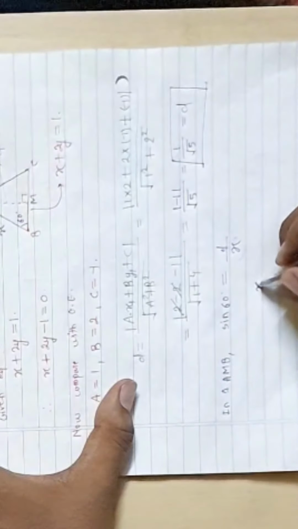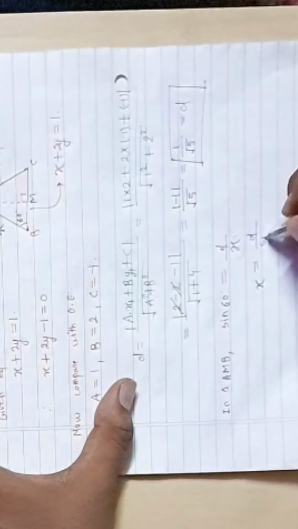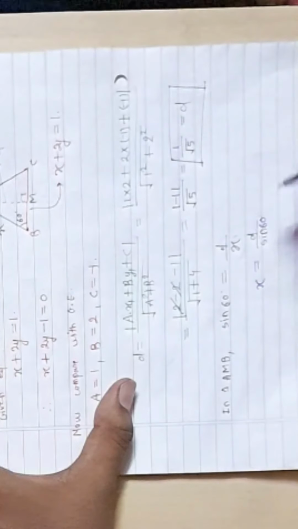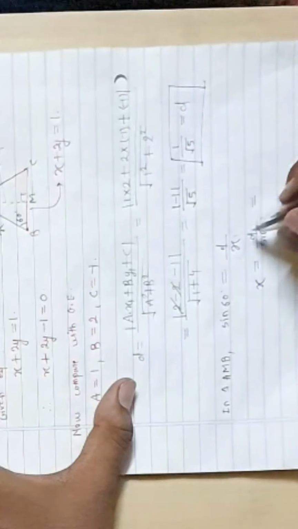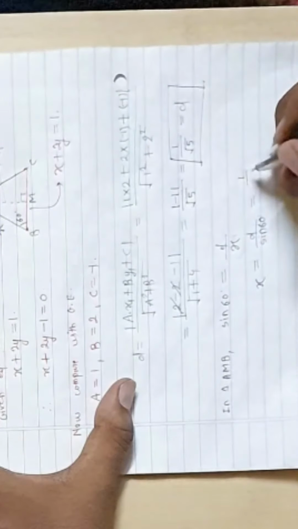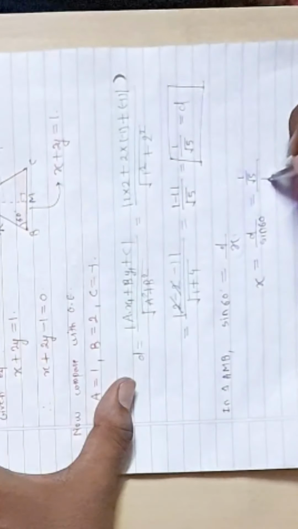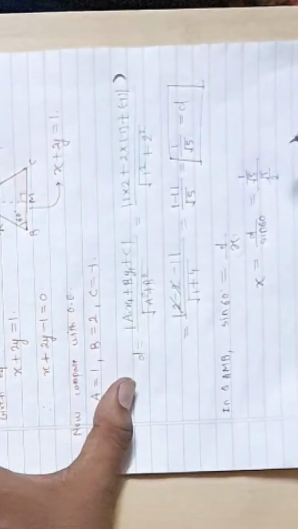So what we get? x = d upon sin 60 degree. What is the value of d over here? 1 upon under root of 5, upon sin 60 which is root 3 by 2.